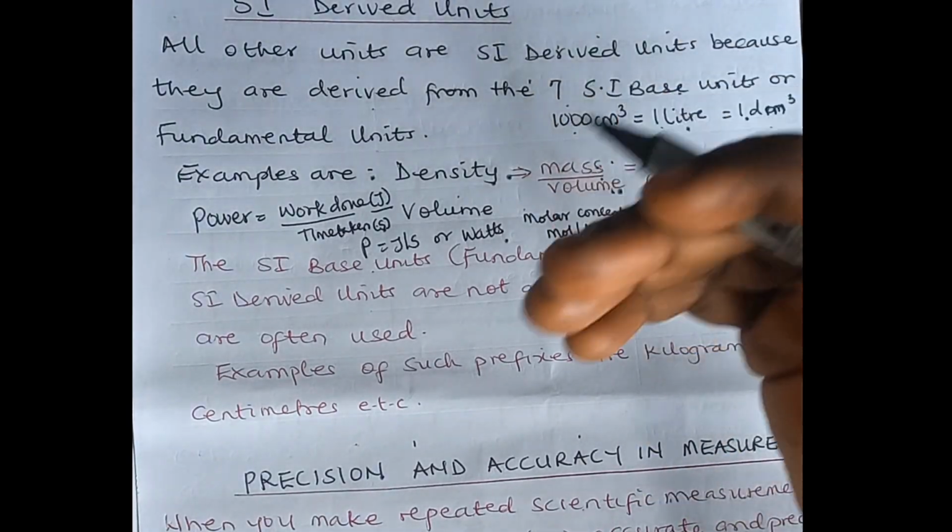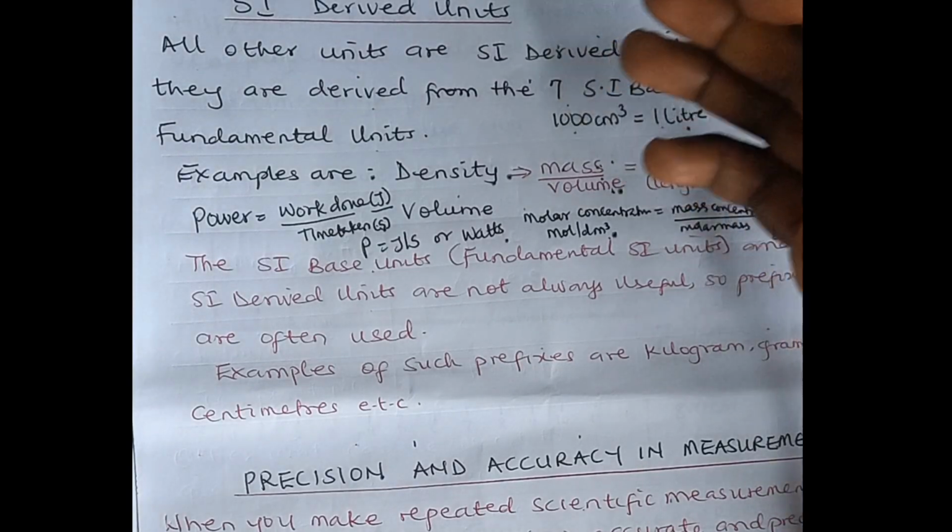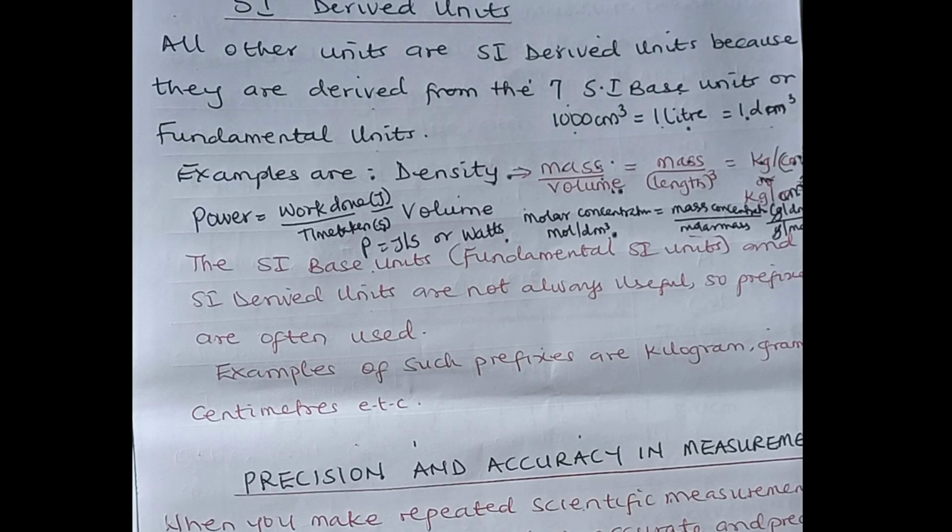Having known the unit assigned to different physical quantities in order to avoid confusion, for instance, when you are measuring distance, it should be in meter or centimeter. When measuring time, it is in second, or hour, or minutes. So the essence of assigning units to physical quantities is to avoid confusion and to get a precise and concise value. So under that, we are looking at precision and accuracy.